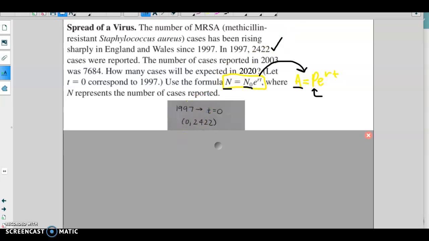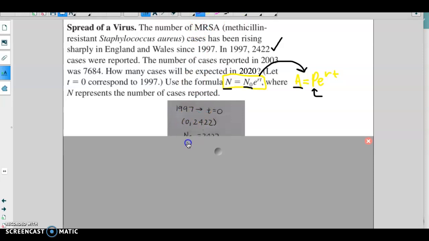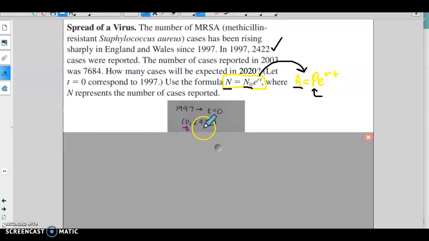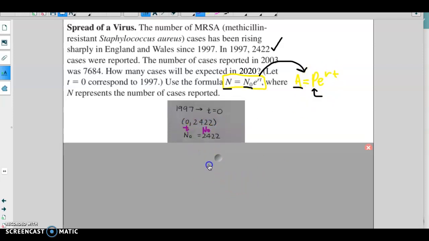We can make a note here that this 0 is a t, that's time, right? And 2,422, that is my N sub 0, the first initial value, just like my initial deposit. At time 0, there were already 2,422 cases, okay?